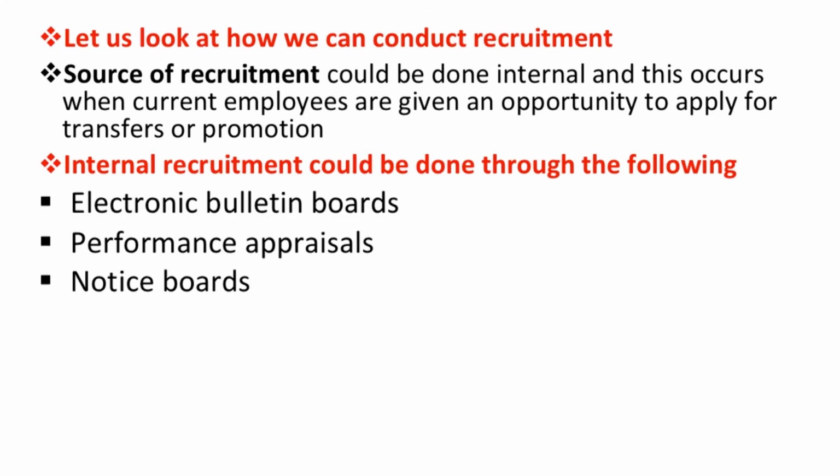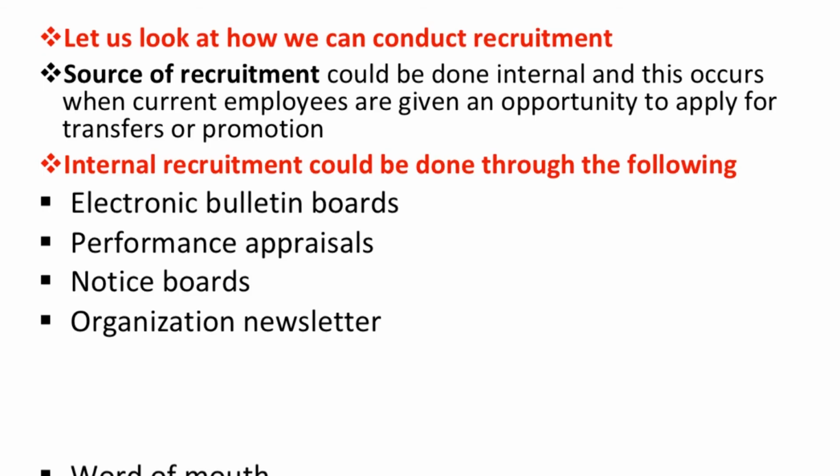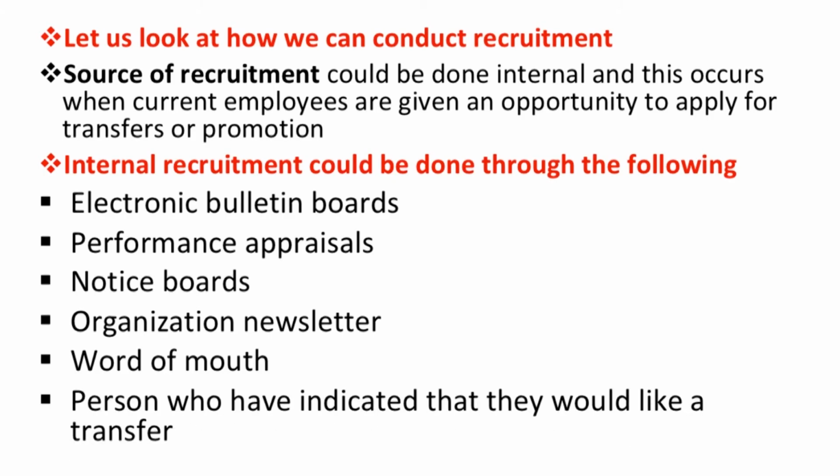Even today, some organizations are still using it. It can be done through an organization newsletter. And again, word of mouth, whereby you tell a person that there is a post that is vacant within the organization. And lastly, a person who has indicated that they would like a transfer, then you can do an internal recruitment.